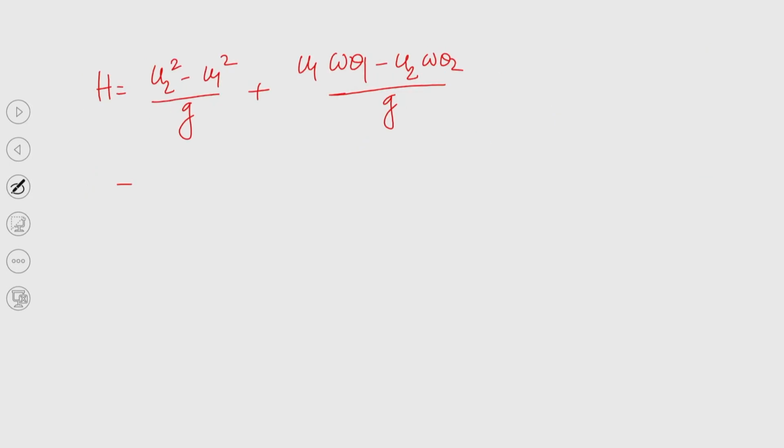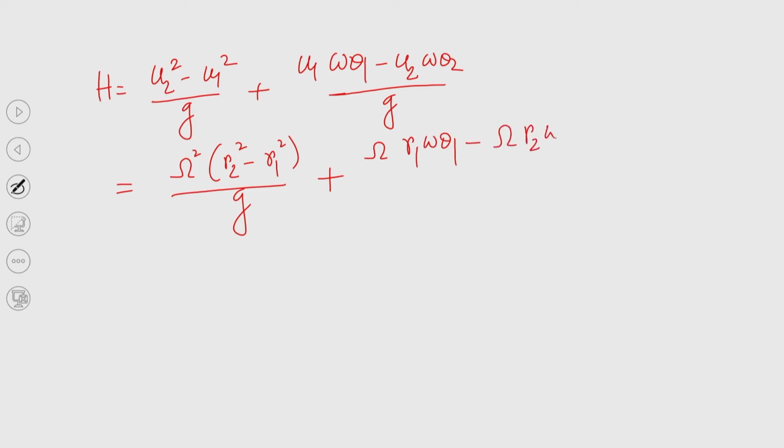So, we can write this is nothing but omega square r2 square minus r1 square divided by g plus u1 omega r1 w theta 1 minus omega r2 w theta 2 by g, okay. So, we can write in this form.